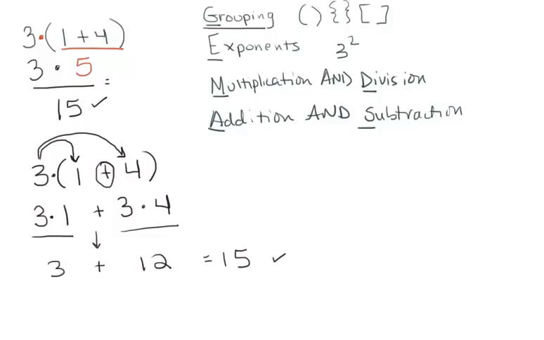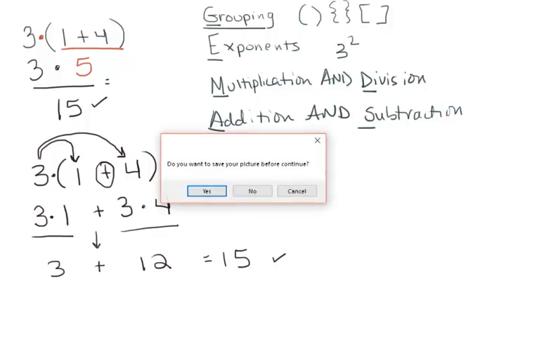So when I look at my problems, the first one is 3 times 2 plus 4. And we're asked to show that the expressions are equivalent, that is the same as 3 times 2 plus 3 times 4. Okay, so let's check this out.